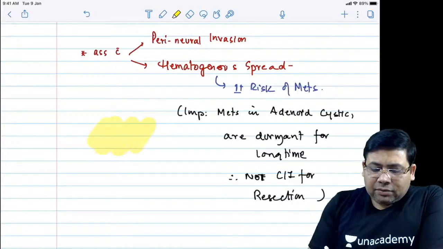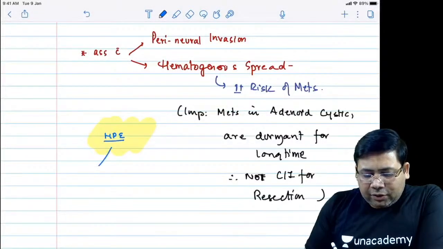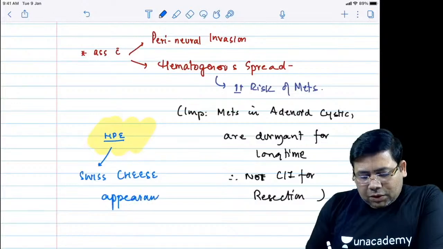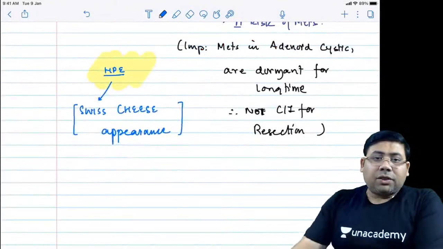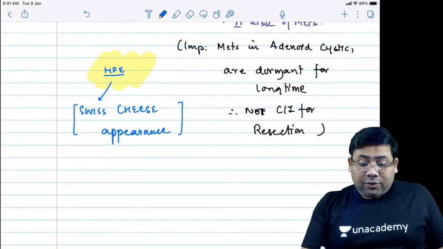On HPE, on histopathological examination, you get to see a Swiss cheese appearance, or a snowstorm appearance. Are you getting this or no?